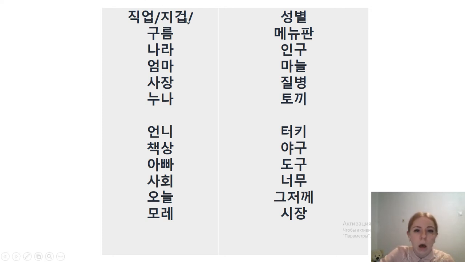I've written the transcription G, and we have K. This consonant is moving to the next syllable, and we read it like that, and we cannot write it, but in a transcription, we can write it like 그, 직업. So it's the transcription, we don't write it down in the words or in the sentences.